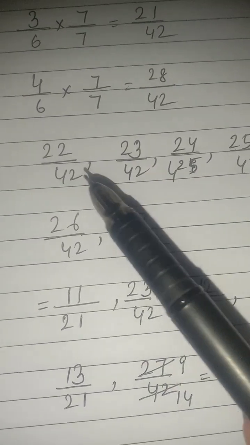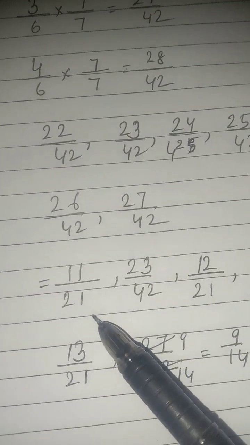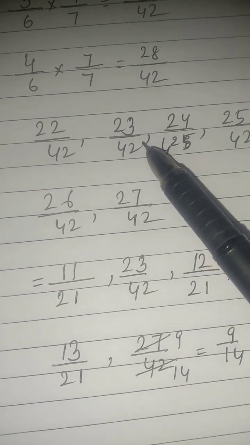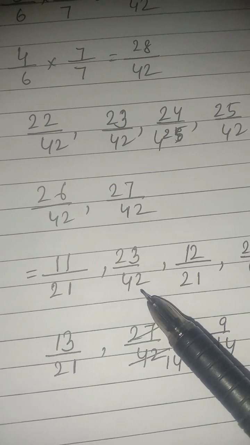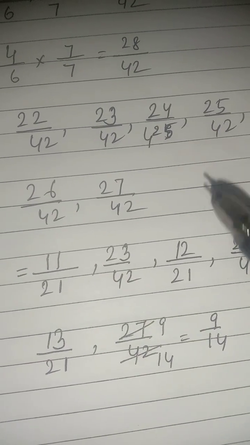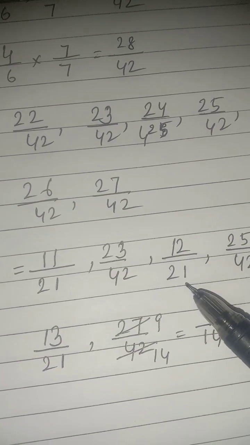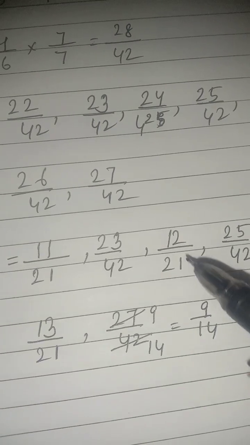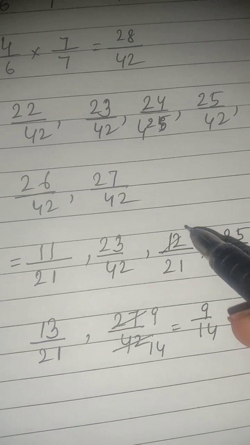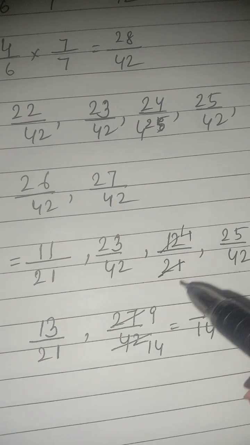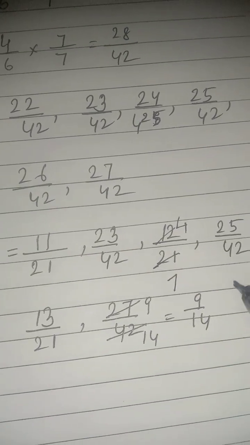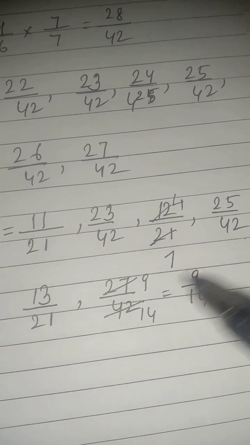After reducing, 22 by 42 will become 11 by 21, 23 by 42 will remain as it is, 24 by 42 will become 12 by 21, which can be reduced more, that is 3 fours are 12 and 3 sevens are 21, so 4 by 7. Then 25 by 42 remains.